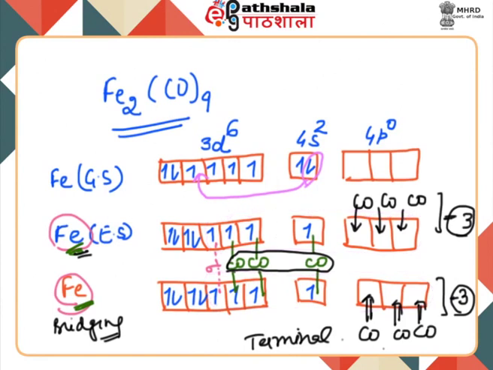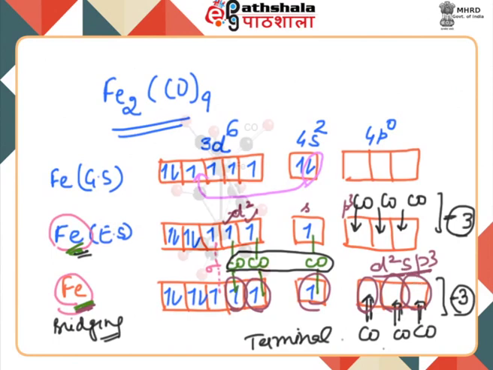So if we try to see what type of hybridization is involved, you can see there will be 2 d, that is this one and this one, 1 s and 3 of the p's, and that's how you are having d2sp3 hybridization, which is there in this di-iron nonacarbonyl. And you can see here also, this is one d, another d, this s and these 3 p's which are involved in this iron, which are undergoing the d2sp3 hybridization.